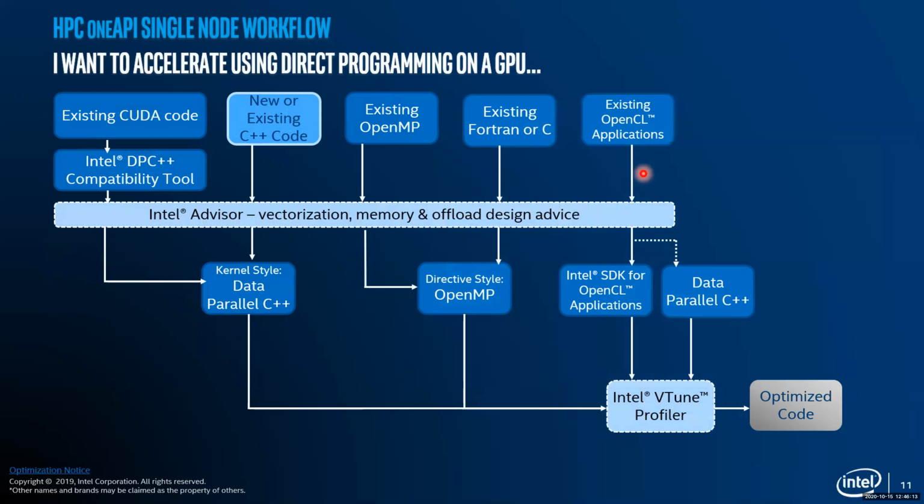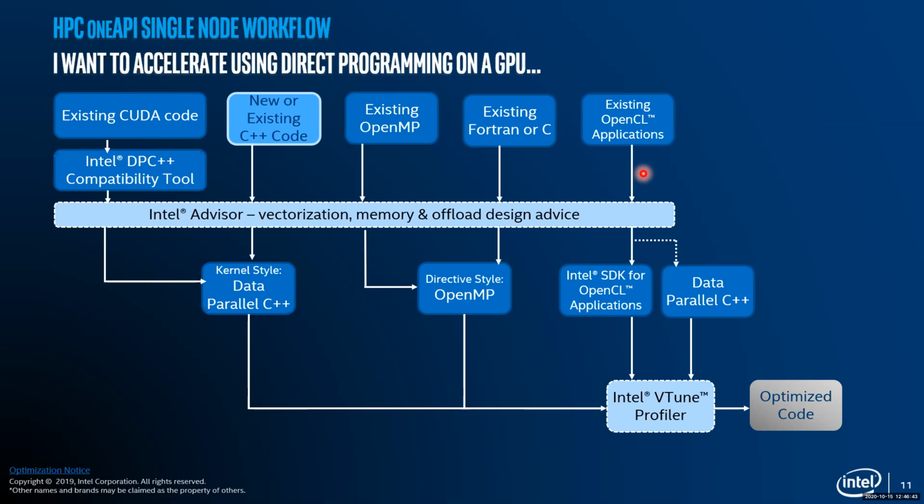So let's look at the workflow. As I was talking about before, direct programming uses DPC++ and API-based programming. The easiest way to get started is to build upon a framework or library that is powered by oneAPI, but in this slide we'll explore what is needed to accelerate direct programming.